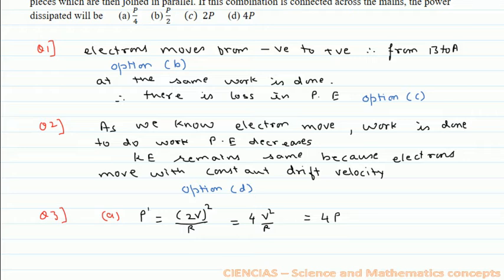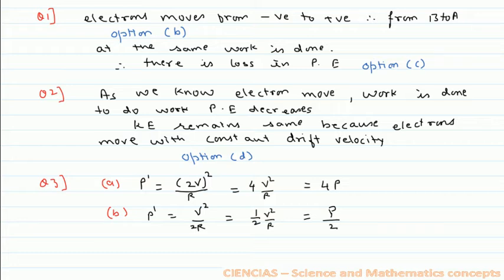We make it P dash. Now for case B, P dash will be equal to, now potential is the same but resistance is doubled. That is 1 upon 2 V square upon R, that is equal to P by 2.